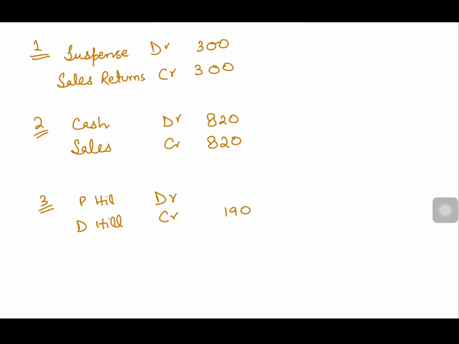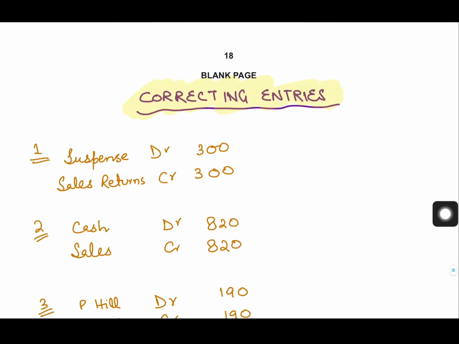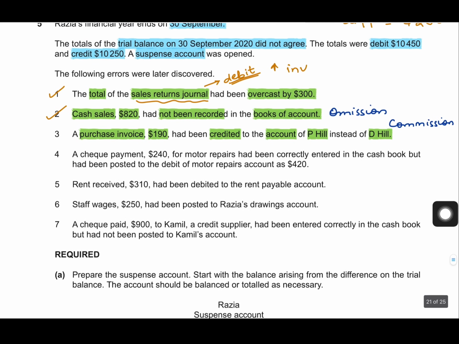So now to eliminate the effect of this transaction from the wrong supplier's account, we will be debiting his account by the same value 190, which will eliminate the effect of the transaction by recording an entry on the opposite side of his account, right? Previously he was credited, now we will be debiting P Hill, and we will be establishing the correct entry in the account of D Hill by crediting his account.